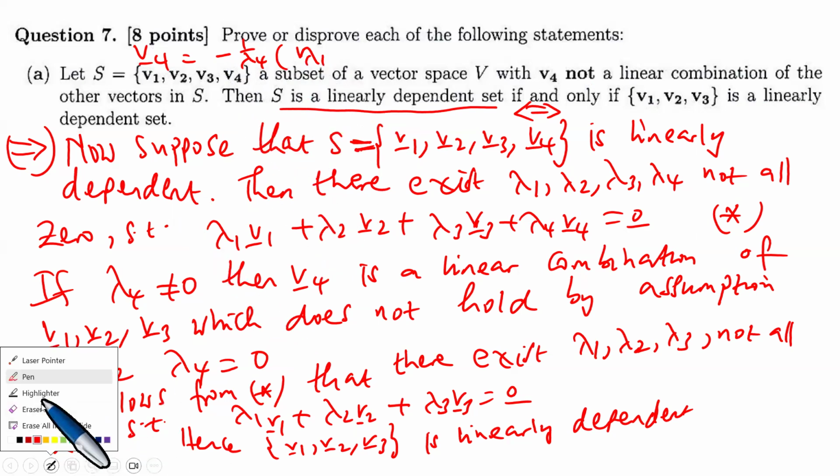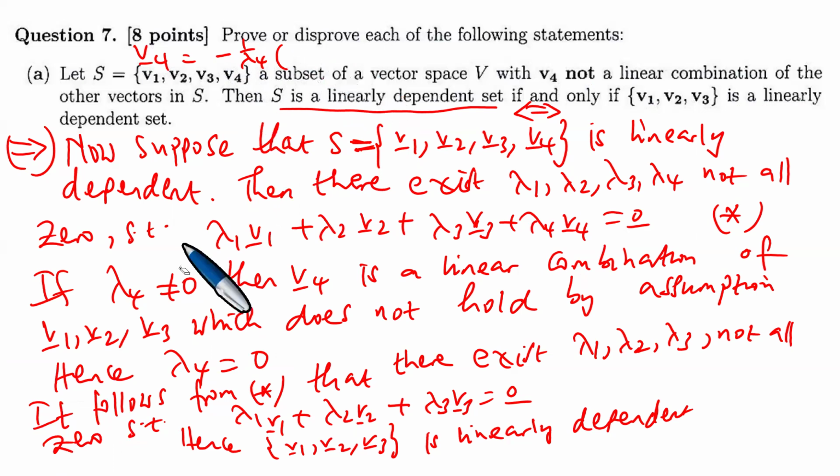Because this lambda is not 0, you can make V4 the subject: you transpose the V4 term and then divide everything by lambda 4, because lambda 4 is not 0. Then you have lambda 1 V1 plus lambda 2 V2 plus lambda 3 V3.